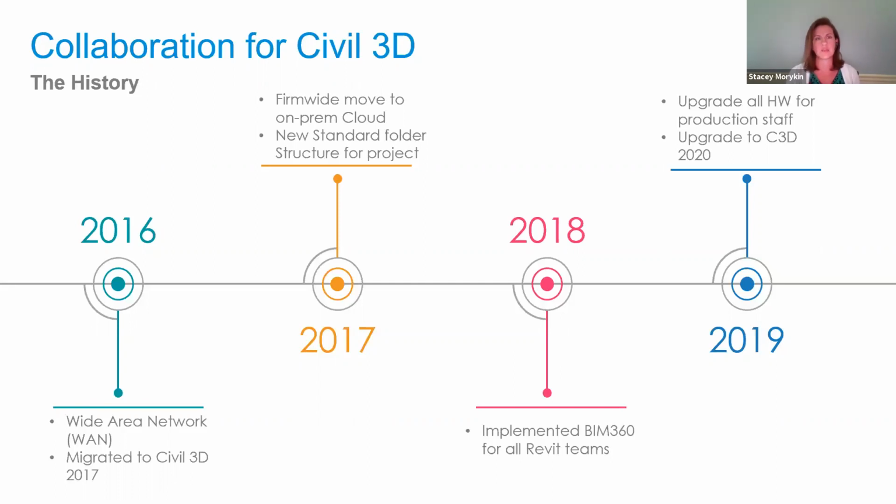Now we can finally get both of our teams on the same platform, especially with our design applications, and we don't have to keep two separate systems to work on the same type of projects. So we decided to embark on collaboration for Civil 3D and test it out.